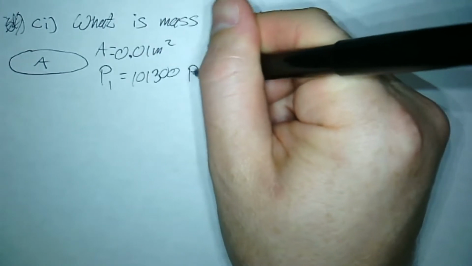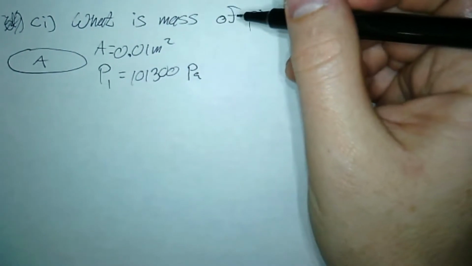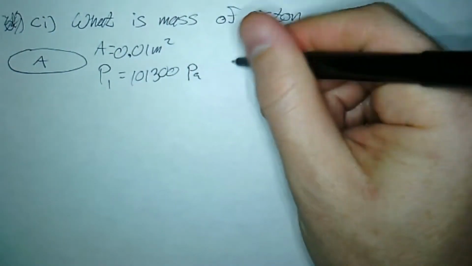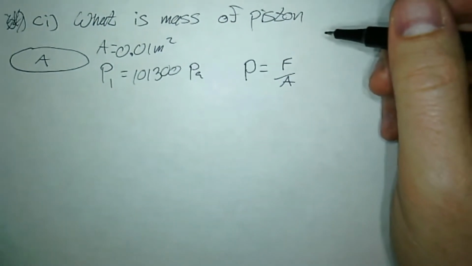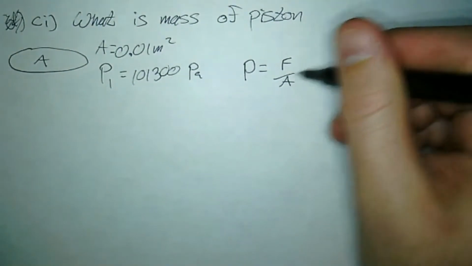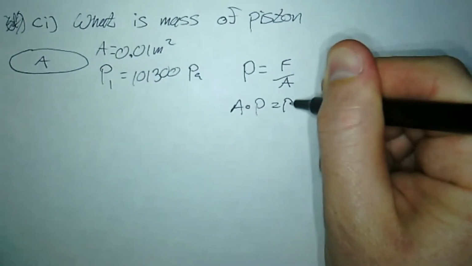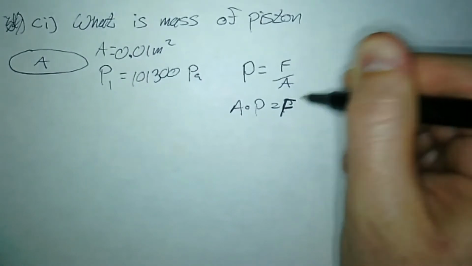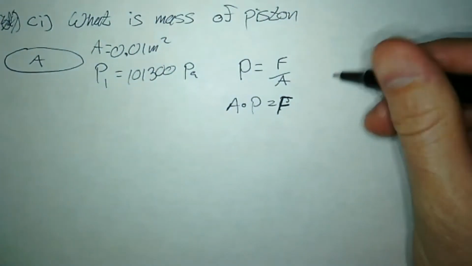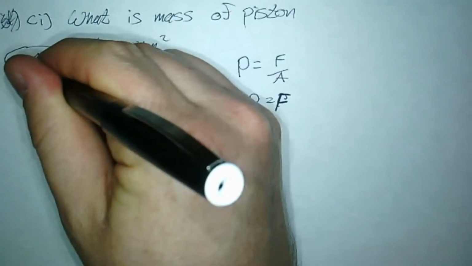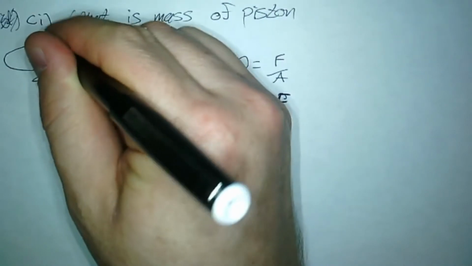So I can figure out the force that this would exert on that area, because pressure is force per area. If I multiply both sides by A, I can say A times pressure equals force. The upward force on that piston will cancel its weight, because its weight is a downward force.